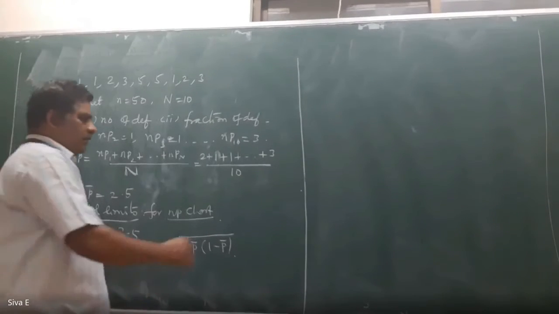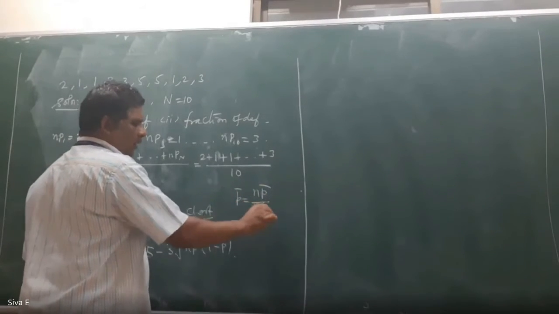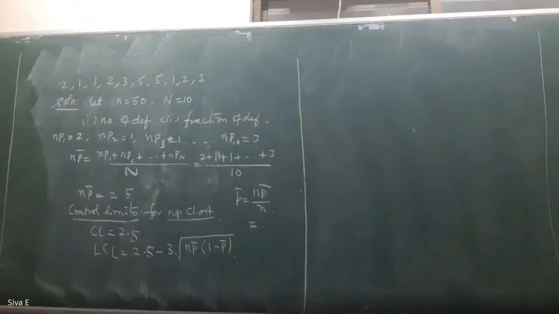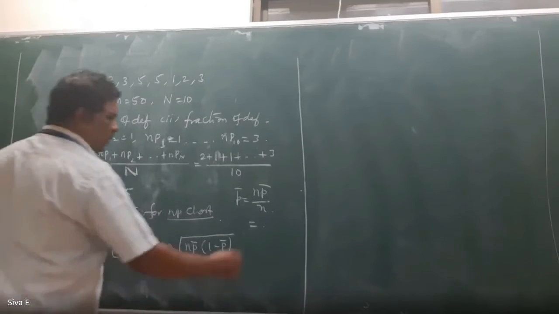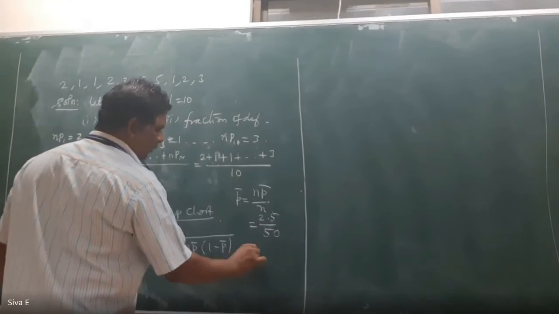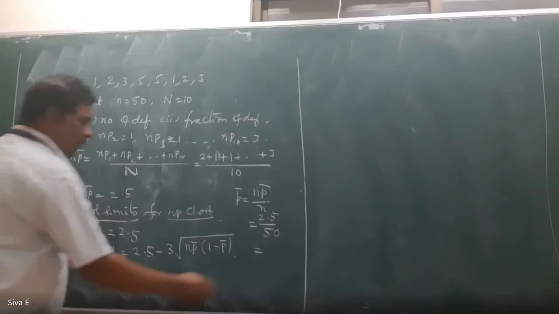P bar is NP bar by N, so 2.5 by 50, that is 0.05.